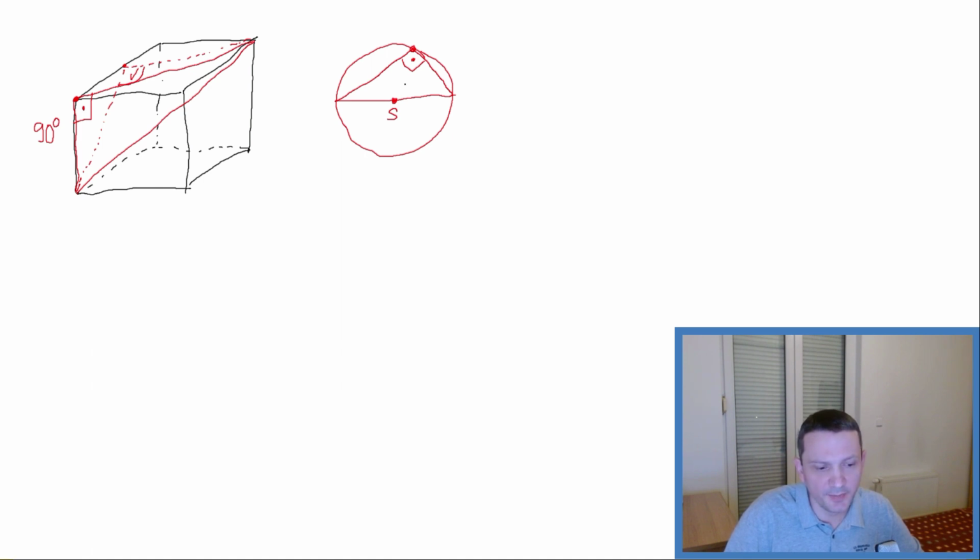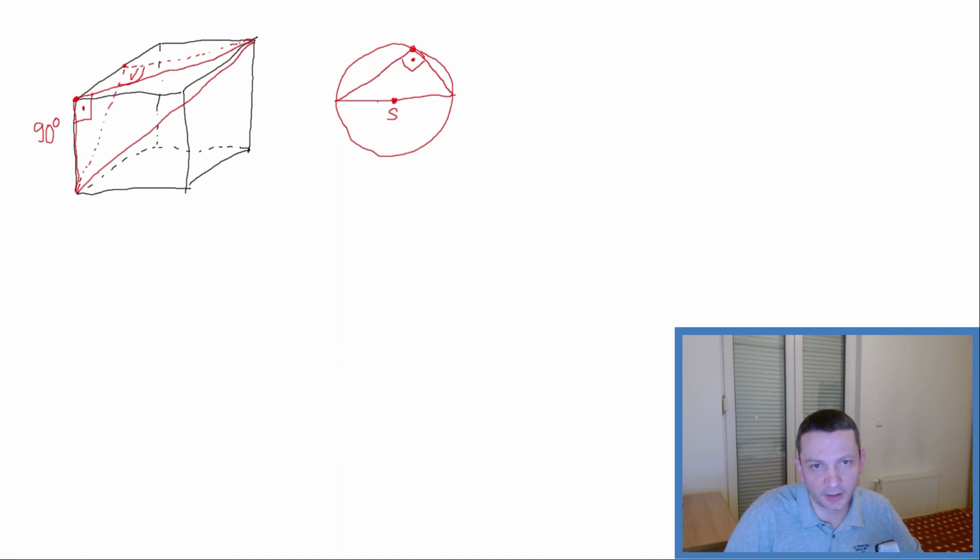So this is the famous Thales theorem, which is the special case of the so-called theorem about the inscribed angle, that this inscribed angle is always half of the central angle.